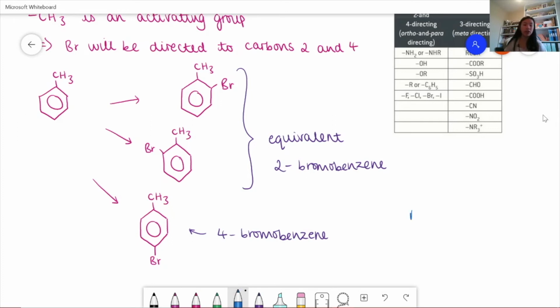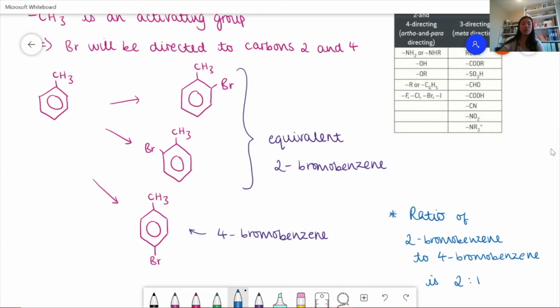So the ratio of 2-bromobenzene to 4-bromobenzene is 2-to-1.